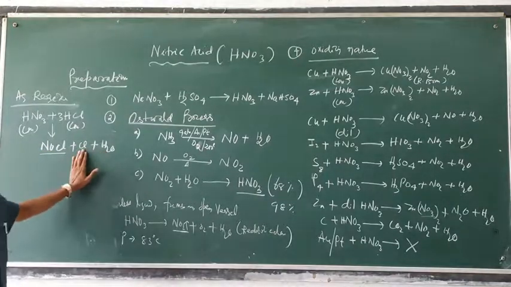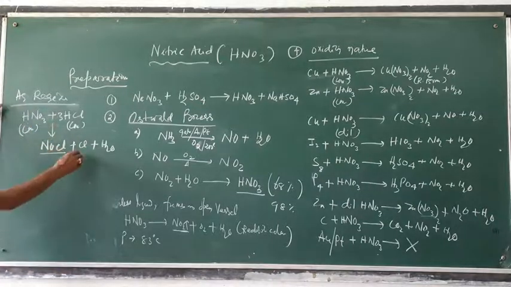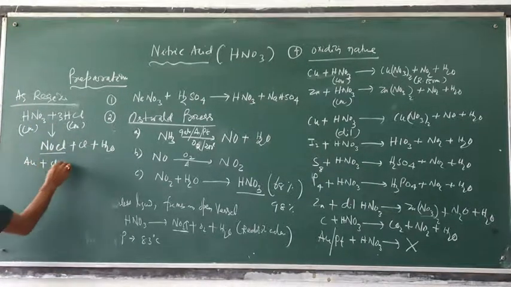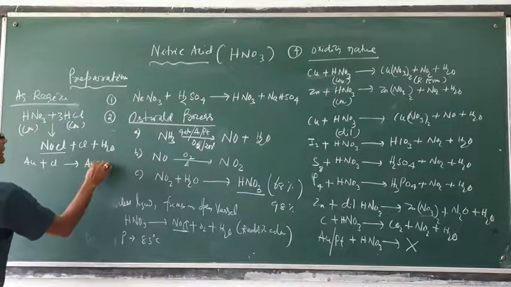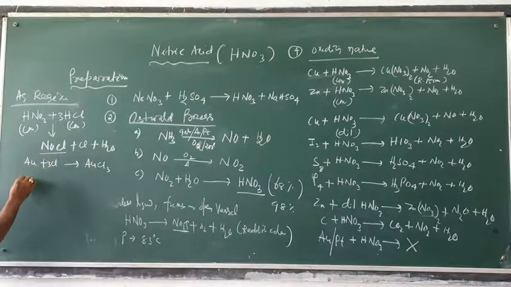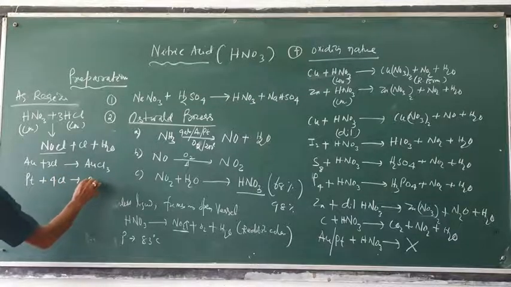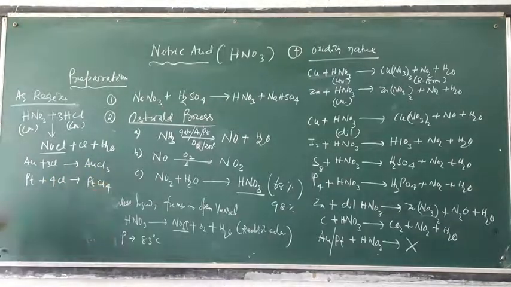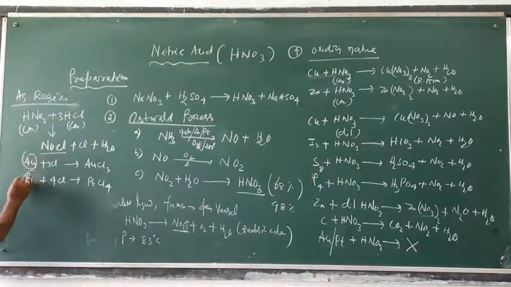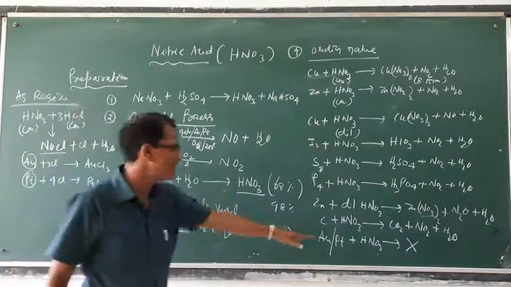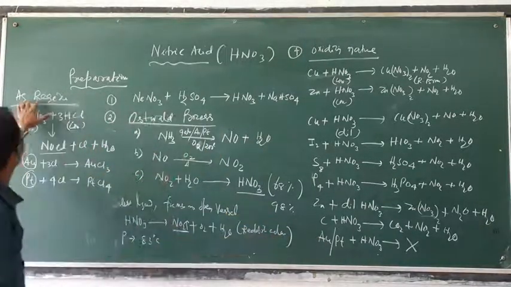This atomic chlorine is very reactive. When it touches gold, it produces auric chloride. When treated with platinum, it reacts and produces platinum chloride. Then gold and platinum dissolve. They will not dissolve in nitric acid, but they can dissolve in aqua regia.